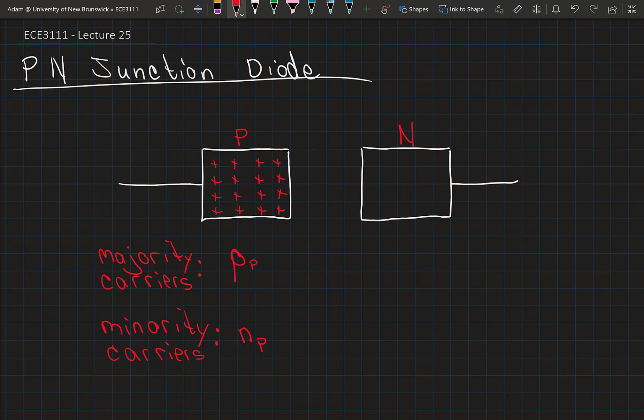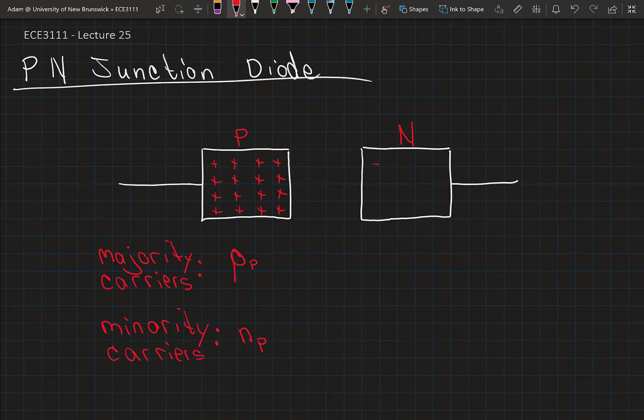One of the more common impurities to create a P-type material is boron. And this is known as an acceptor impurity, or doped with an acceptor atom, such as boron.